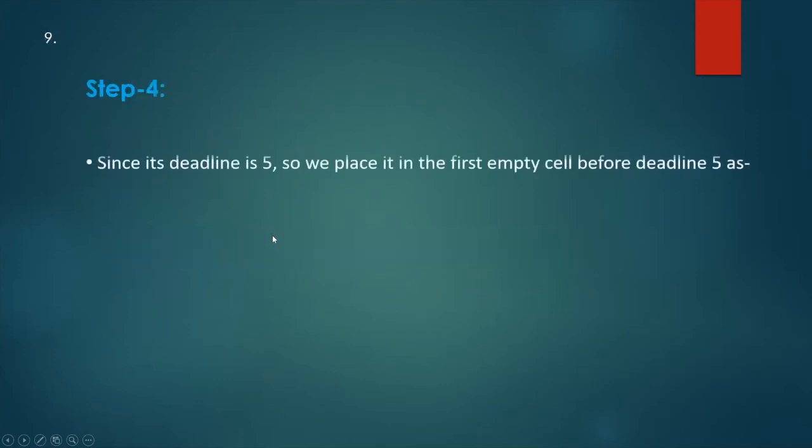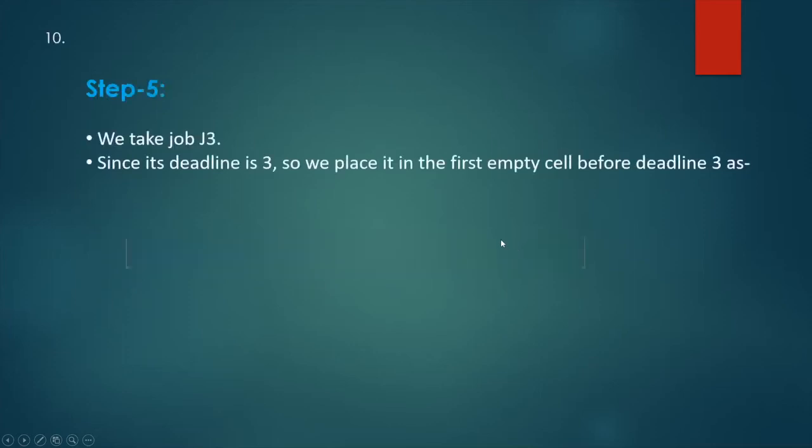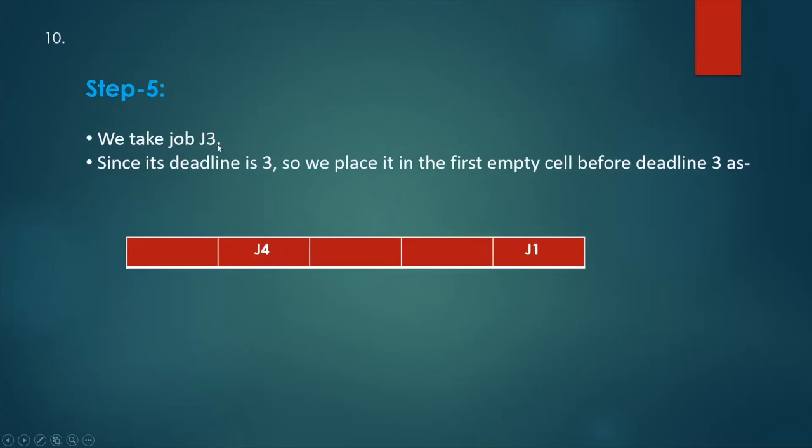Step 4 is the same as before. The deadline of job 1 is 5, so we will put job 1 into the 5th slot. Step 5 is also the same. We will put job 3 into the 3rd slot if it is empty, so we put job 3 into the 3rd slot.